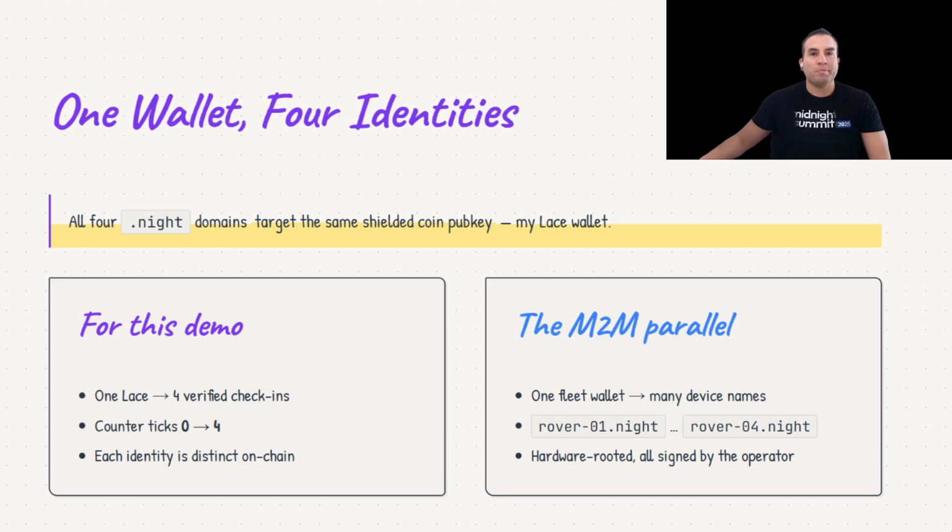Same pattern. The room doesn't care how many identities one wallet holds. It only cares that the signer controls the domain's target. Keep this in mind when you see the counter tick 4 times. It's 4 independent identities under one signer.